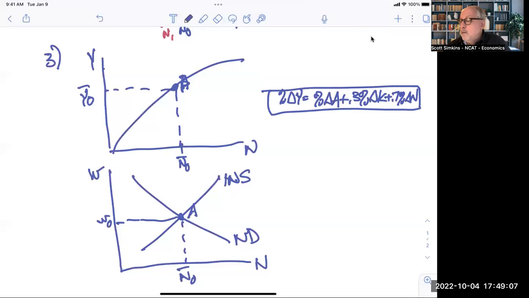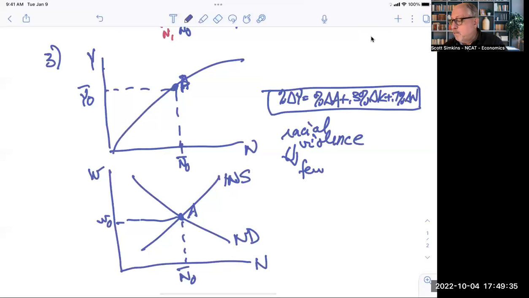So when we talk about her work and what I've given you in the preamble to the question, if there is a lower level of inventive activity, fewer patents, that is the claim, fewer Black patents during this time.